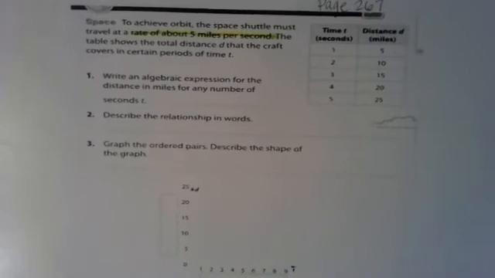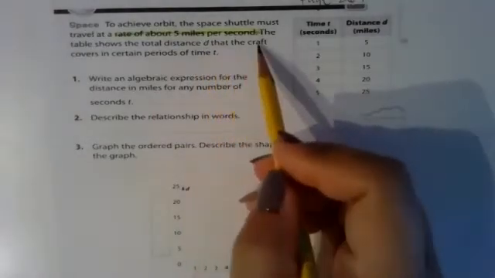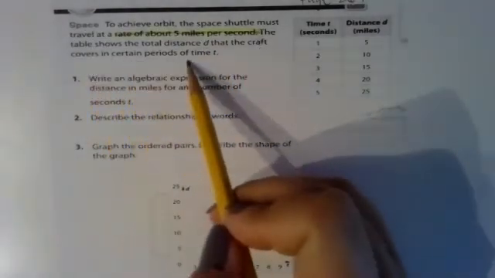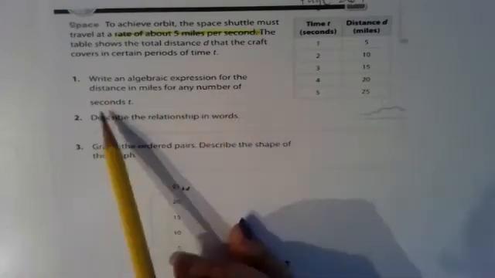Again, the rate of about 5 miles per second. The table shows the total distance, d, that the craft covers in a certain period of time, t. Write an algebraic expression for the distance in miles for any number of seconds, t.